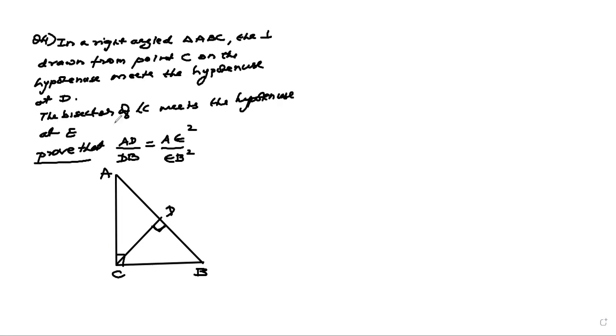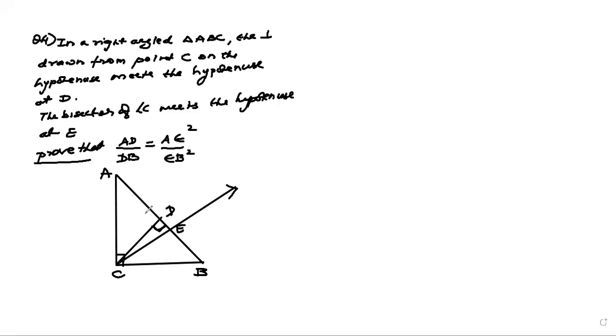Then children, further, the bisector of angle C meets the hypotenuse at E. The bisector of angle C is also drawn, somewhere like here, suppose. This doesn't look like a bisector, but please assume it as a bisector, okay? The bisector of angle C meets the hypotenuse at E.